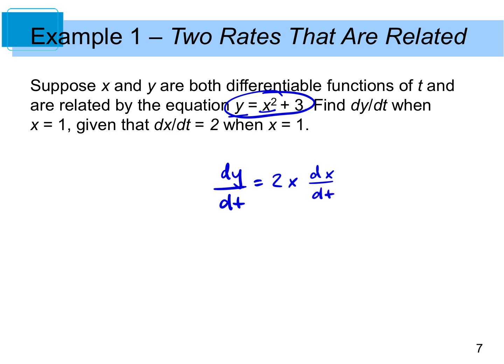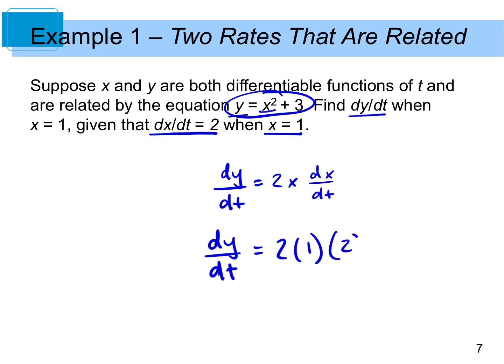All right, so then once we take the derivative, the question's asking us to find dy over dt, so we don't know what that is yet, given that dx over dt is equal to 2 when x equals 1. So from here, we're just going to plug everything in. So dy over dt is equal to 2 times, what do I plug in for x? 1. And what do I plug in for dx over dt? 2. So dy over dt is equal to 4.